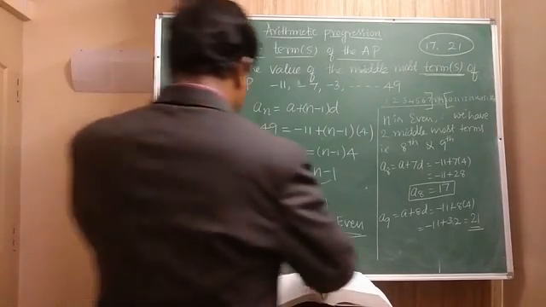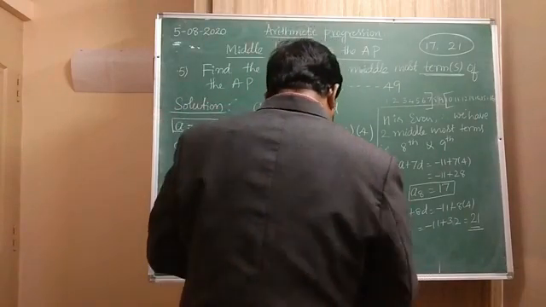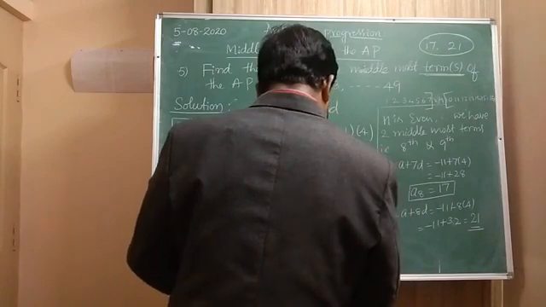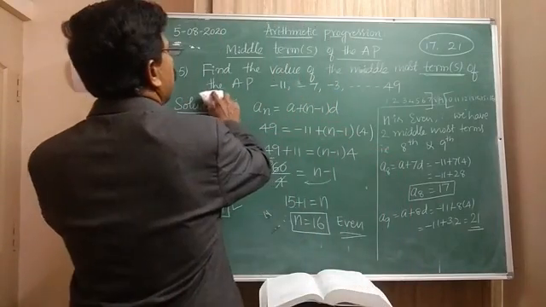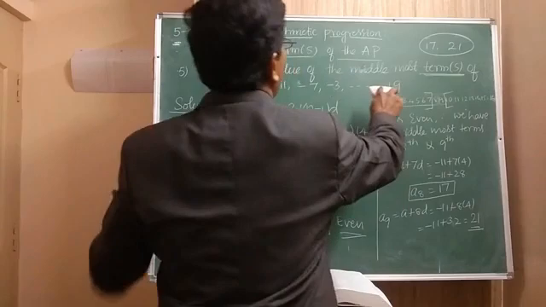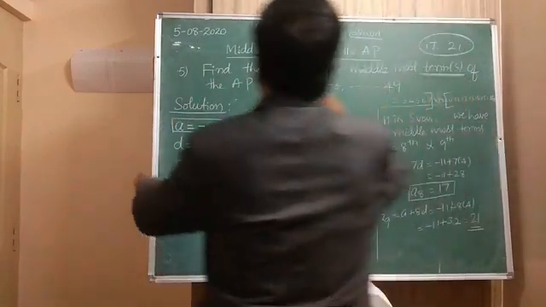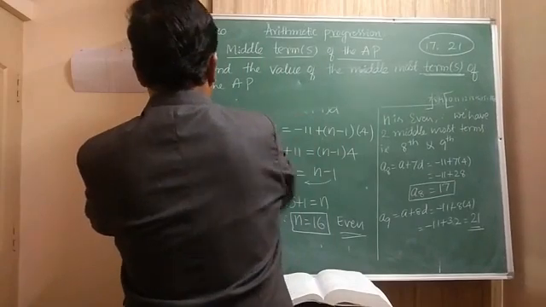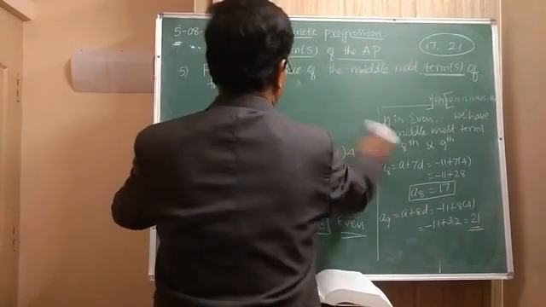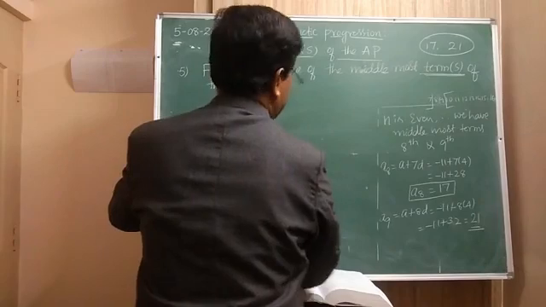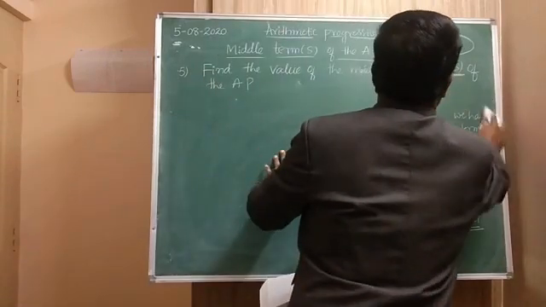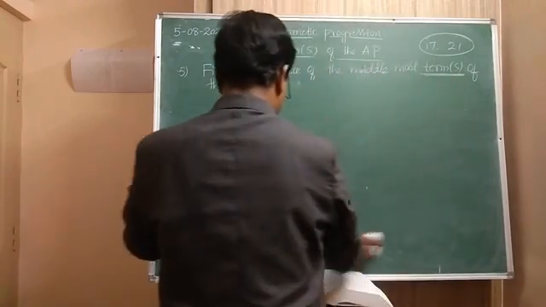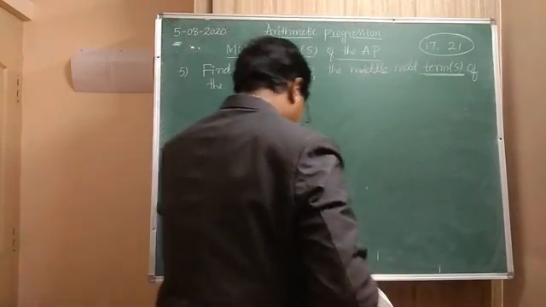Now, let us take one more. Find the value of the middlemost term of the AP. So again the same problem. For better understanding, I will do one more.